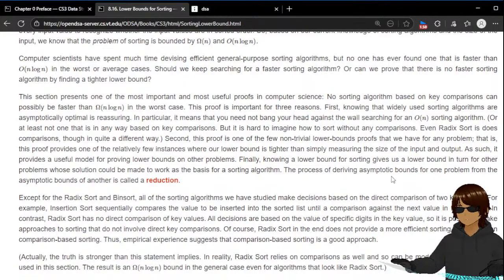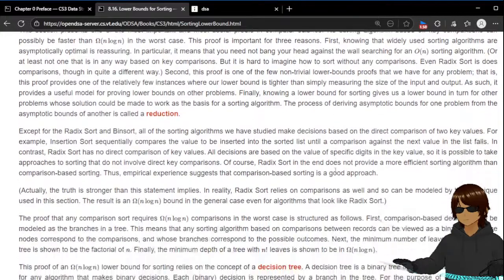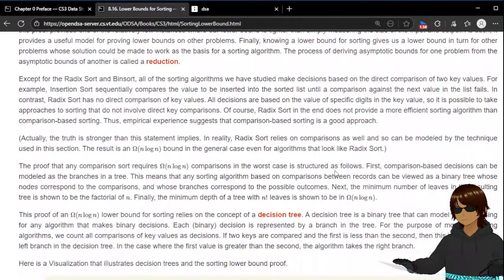The process of deriving asymptotic bounds for one problem from the asymptotic bounds of another is called a reduction. Except for radix sort and binsort, all of the sorting algorithms we have studied make decisions based on the direct comparison of two key values.